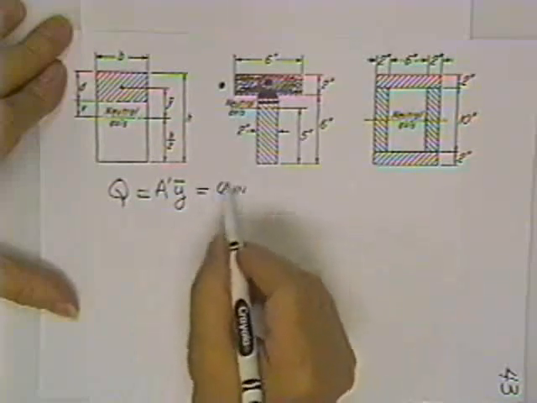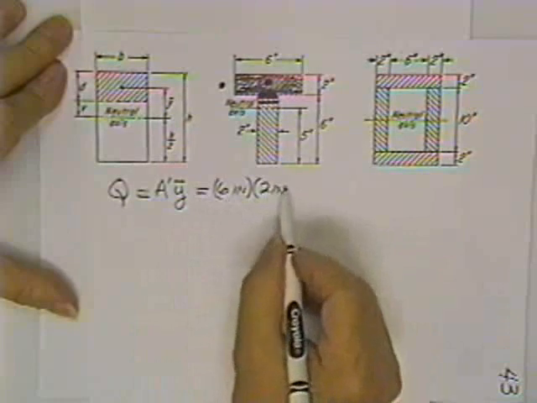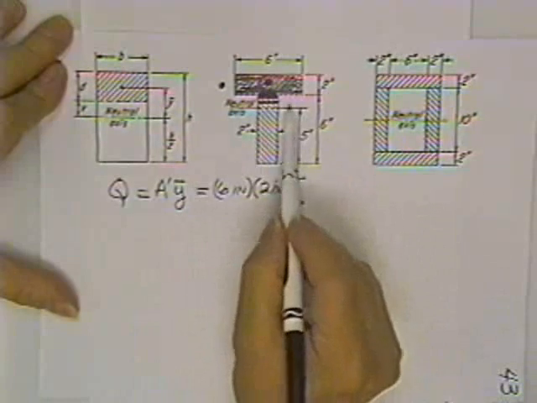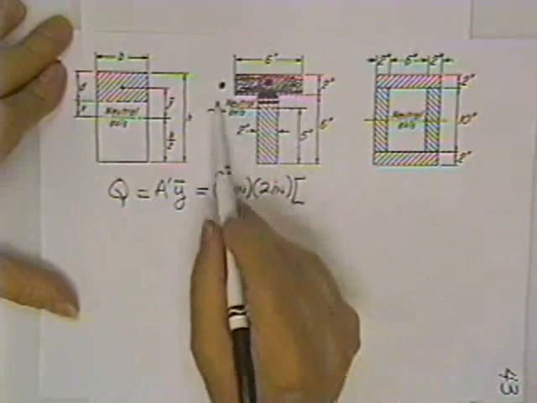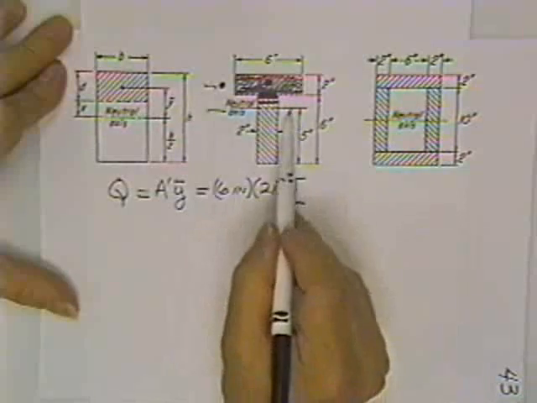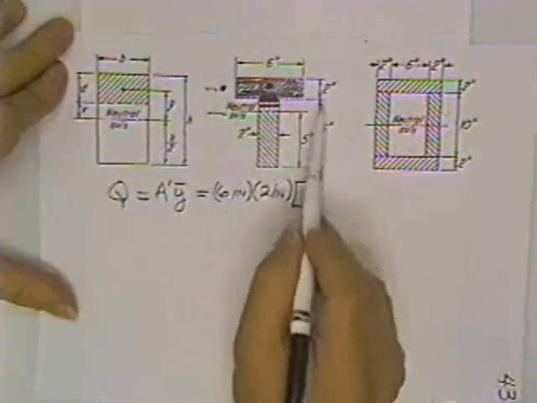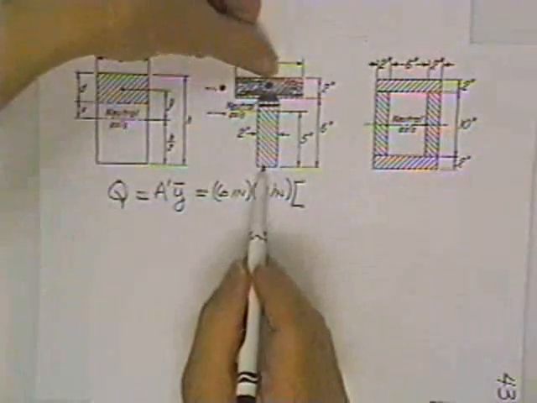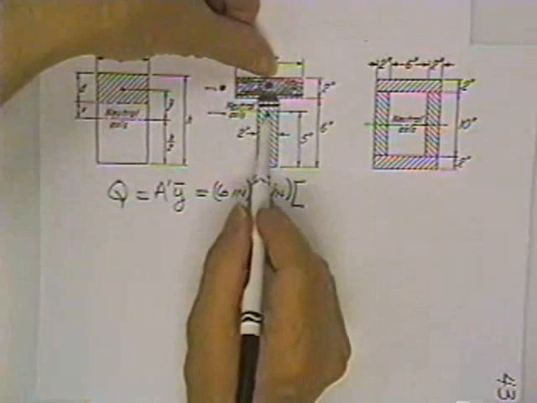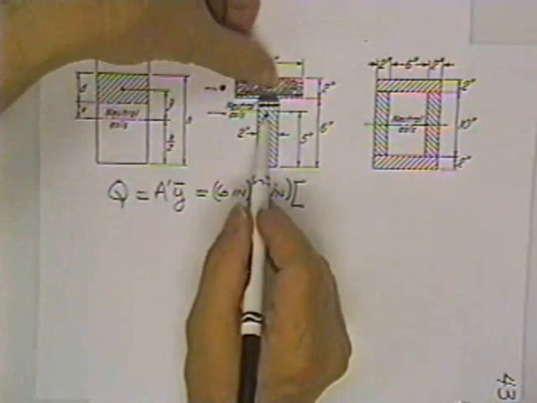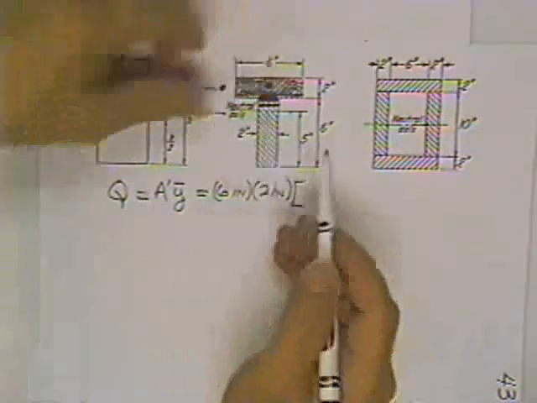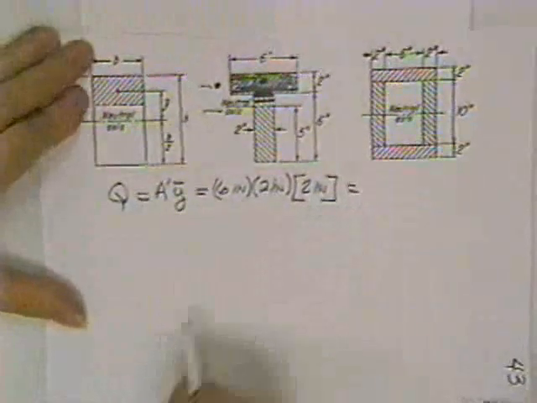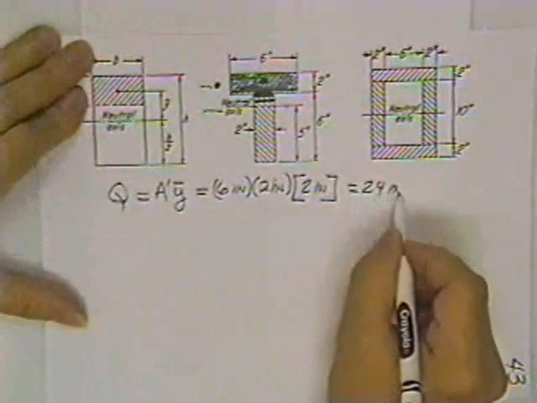Its area is 6 inches by 2 inches, by the distance from here to here. The total is 8. Put your fingers at the top and the bottom. That's 8. Take away 5 to get to the neutral axis. That's 3. Take away 1 to get to the centroid. That's 2 inches. So 6 inches times 2 inches times 2 inches is 24 cubic inches.